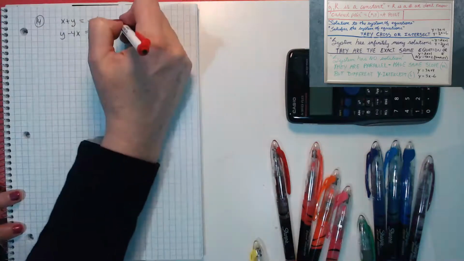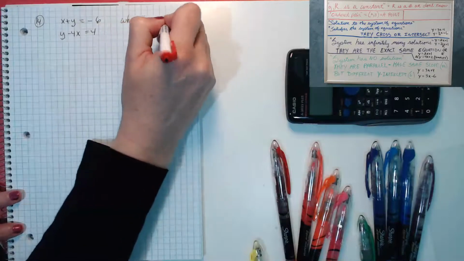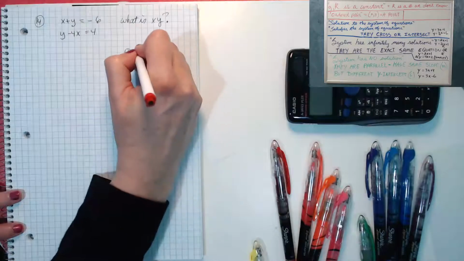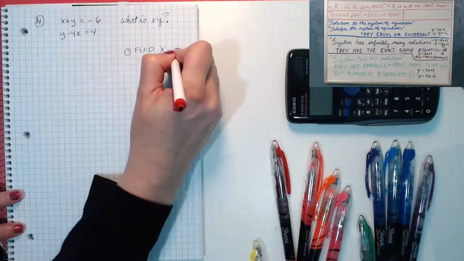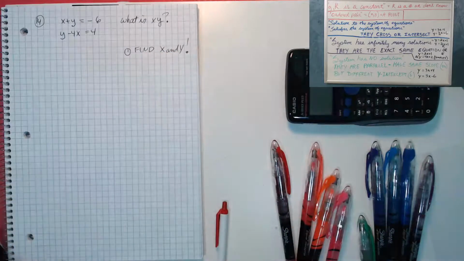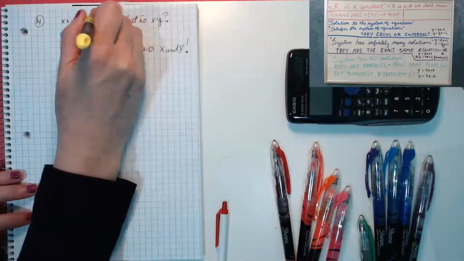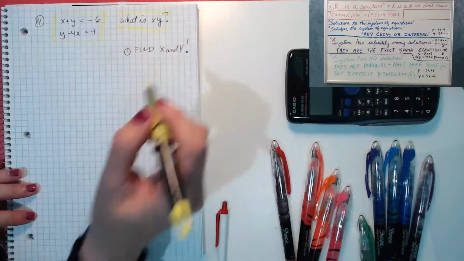Now the question is, what is xy? So what we have to do, number 1, is what? We have to find x and y. What is xy? Okay.